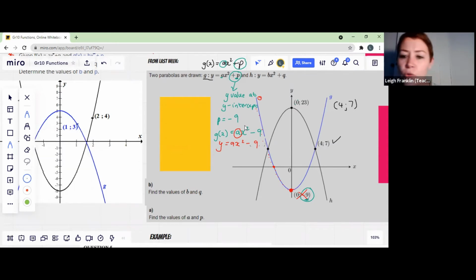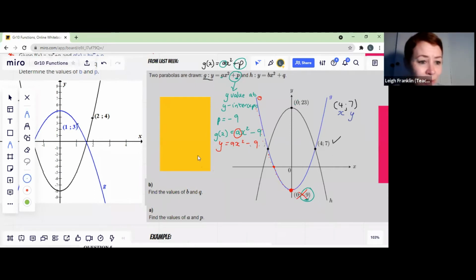We always write the x coordinate first, and then we write the y coordinate afterwards. Always, always, always. So any pair of coordinates that is ever given to you in any kind of maths, if it's a pair of coordinates on the Cartesian plane, it's always the x first and then the y. So yes, Sanele and Narcissa, you were quite right. The x coordinate at this other point is 4.